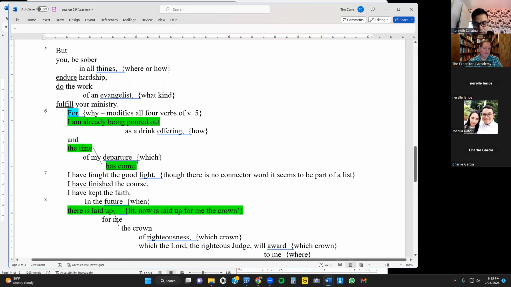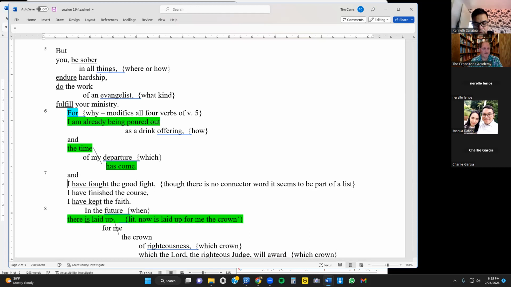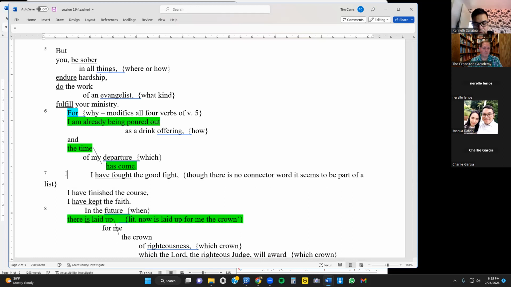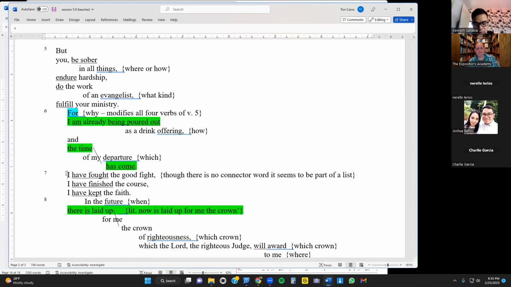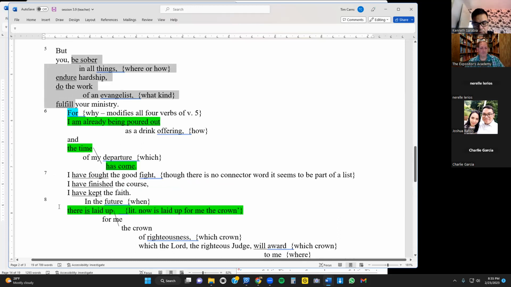And if he had put "and" here, and I fought the good fight, I think it would be clearer. But he didn't. He just put "I fought the good fight." So I think really what Paul's doing here is that these are several more reasons he's giving why Timothy should obey the commands that he gives in verse 5.